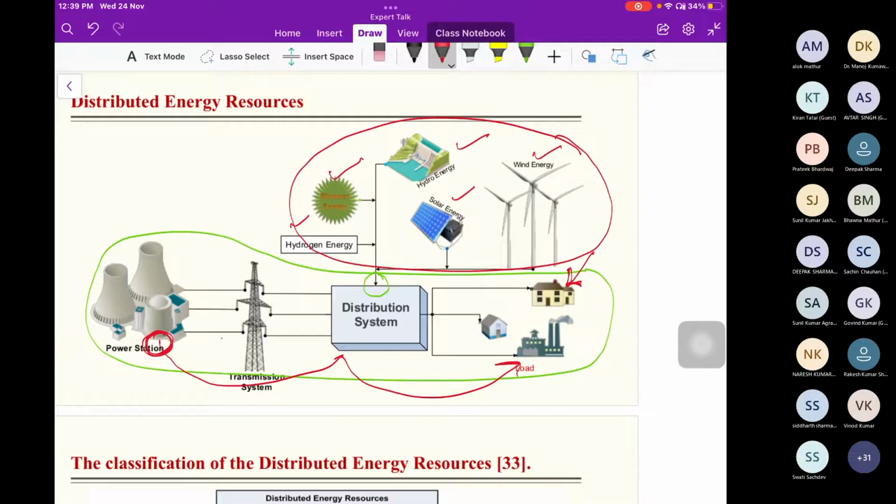So the current flows this way. If solar is connected in a commercial building, power flows from the grid stations this way, and due to the distributed energy resources, power flows the other way too. So there is two-way power flow. Previously power flow was one-way, but after integrating this technology, power flow is two-way.